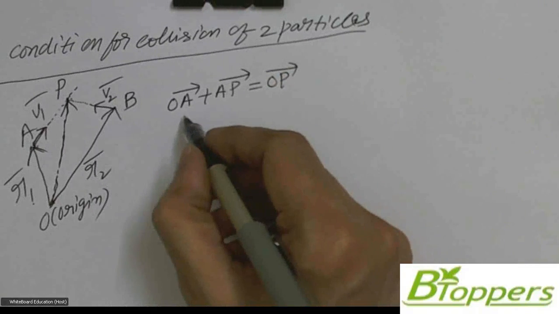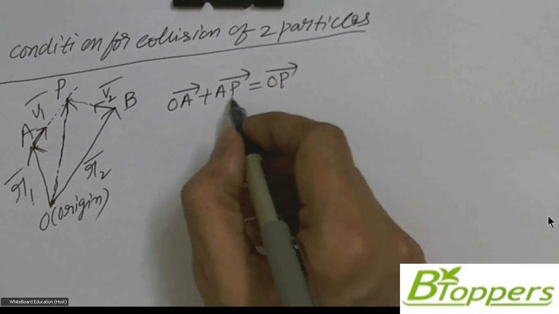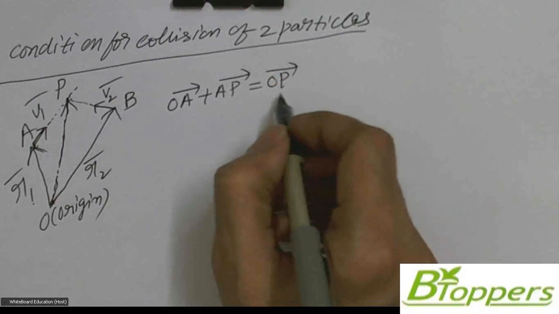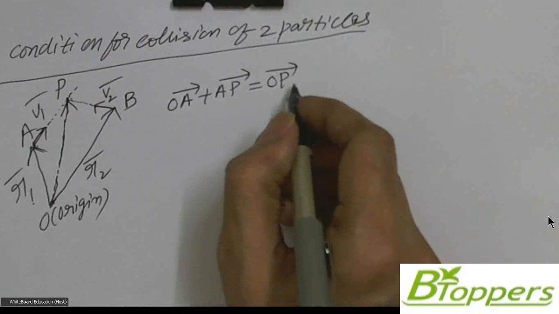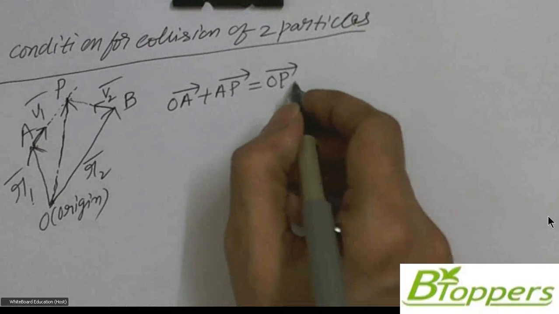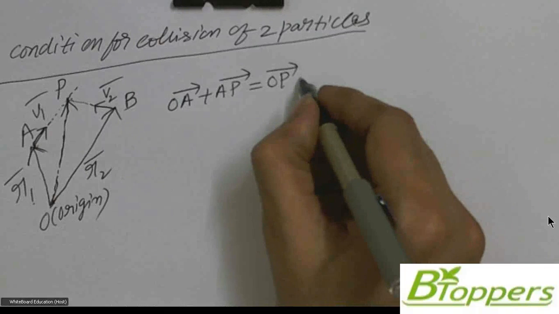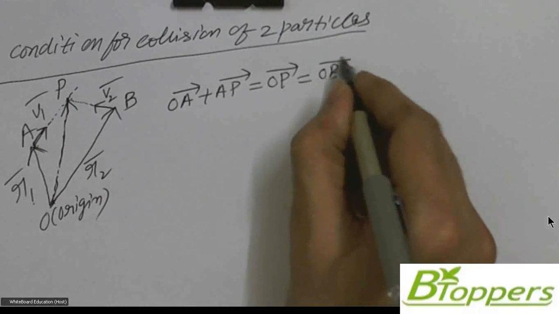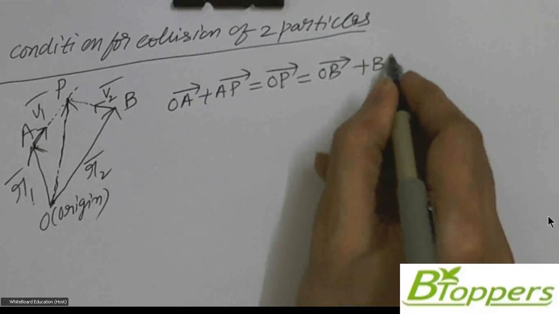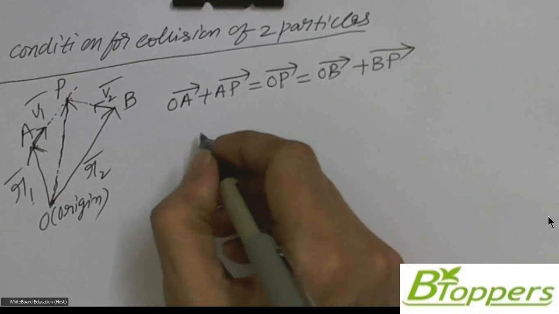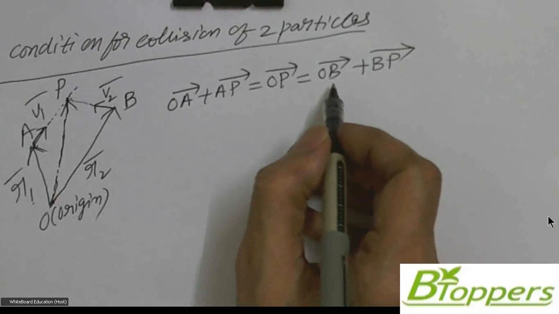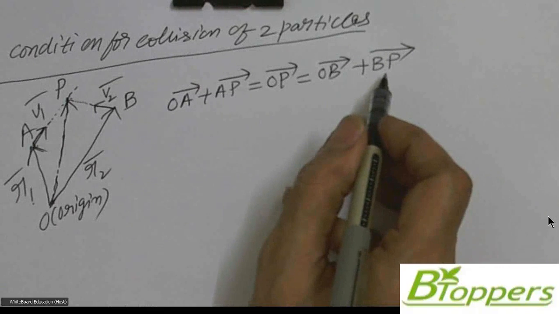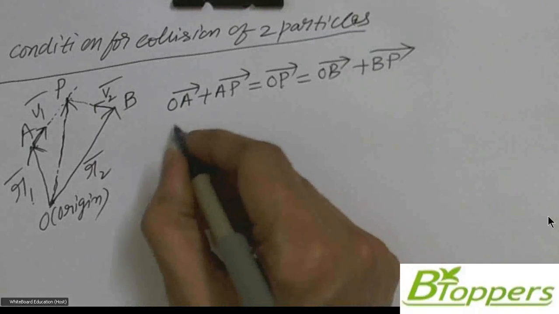That means OA bar represents the position vector of the initial position of the first particle, AP bar is the displacement vector of the first particle, and OP bar represents the position vector of the final position of the particle at the point P. For the second particle, OP bar can be written as OB bar plus BP bar. OB bar represents the position vector of the second particle, denoted by R2 bar. The directed line segment BP bar gives you the displacement vector of the second particle.